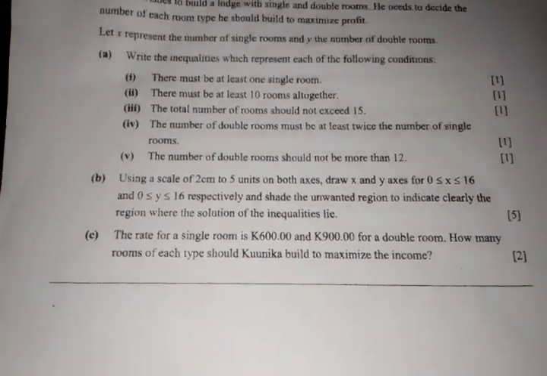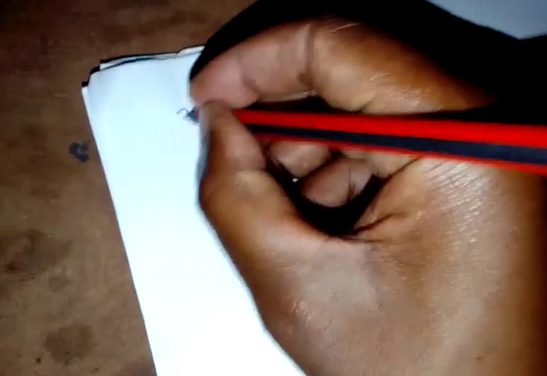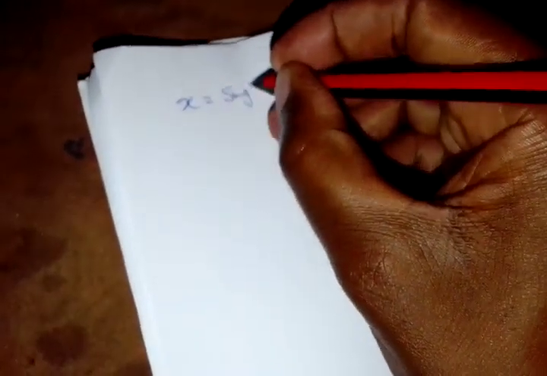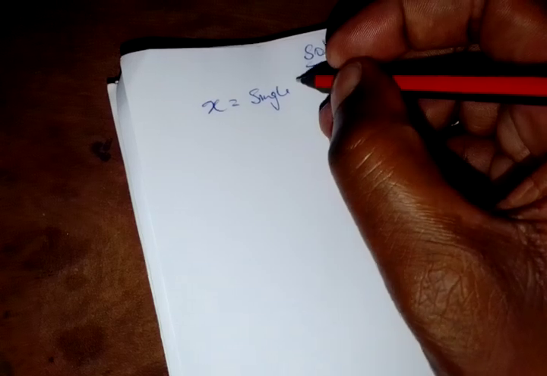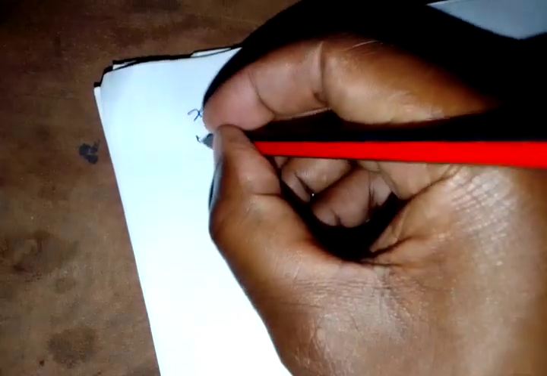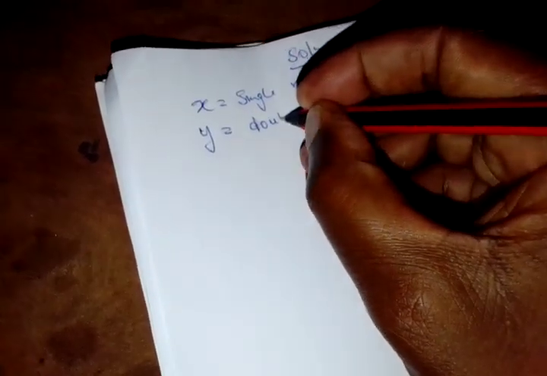Let me demonstrate how we can write this inequality here. We know X is representing the single rooms, and Y is representing the double rooms.